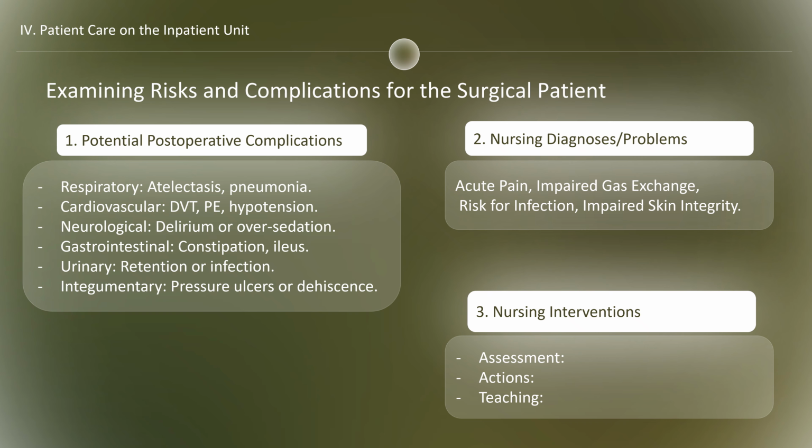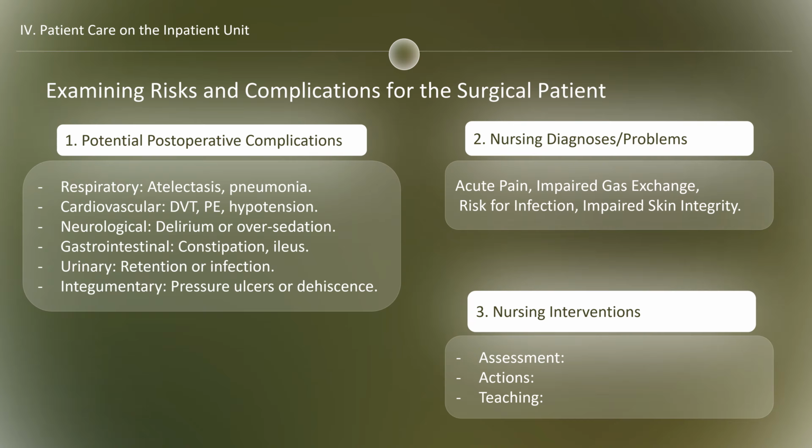Then we have the nursing diagnoses and problems. We don't want problems, but we try to prevent them. So the acute pain, impaired gas exchange, risk for infection, impaired skin integrity. Here at nursing intervention, we have the assessment, ongoing monitoring, early signs of complication.